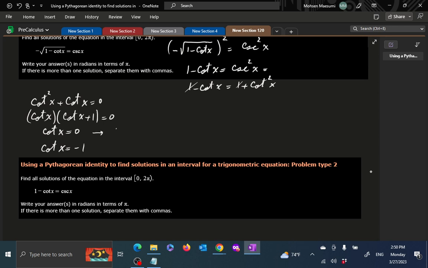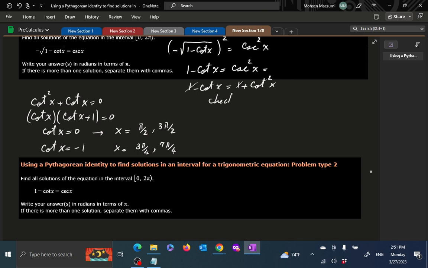This one we just had the discussion for: possibilities are pi over 2 and 3 pi over 2. The other means the same as tangent of x being equal to minus 1, and the possibilities there are 3 pi over 4 and 7 pi over 4.